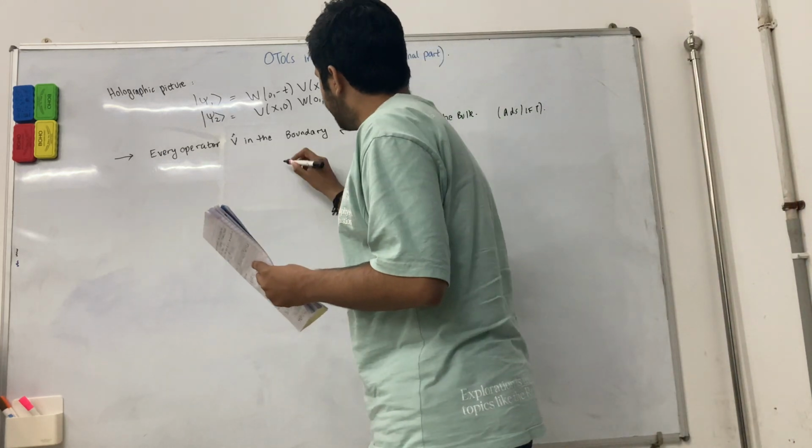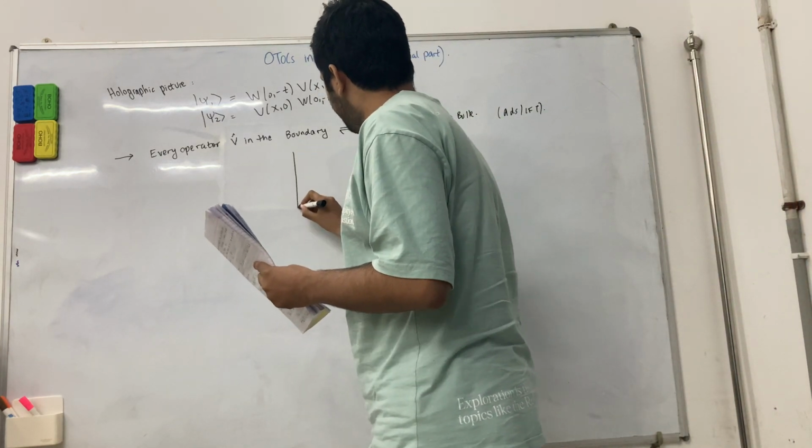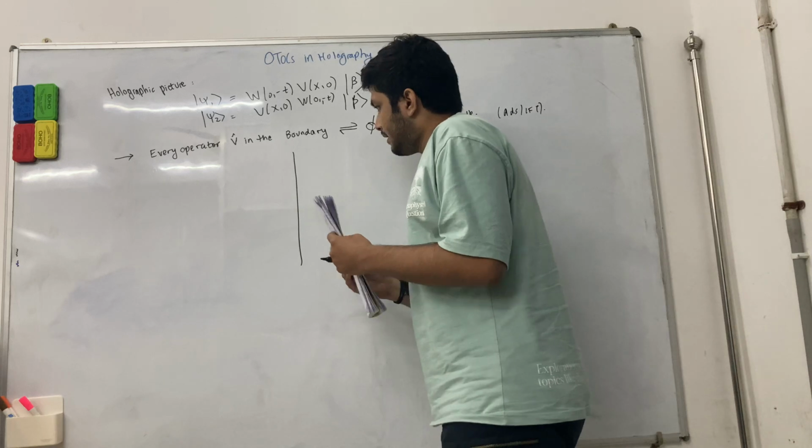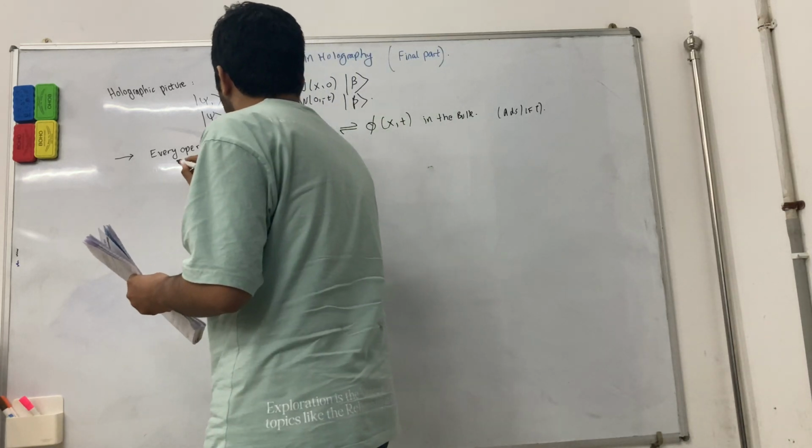So what happens is, suppose this is my boundary, and, okay, maybe let's just draw the Penrose diagram itself.